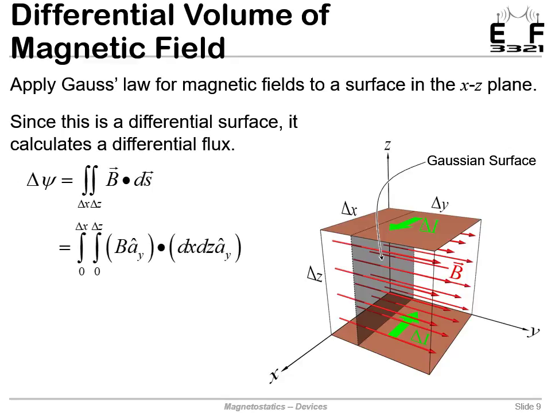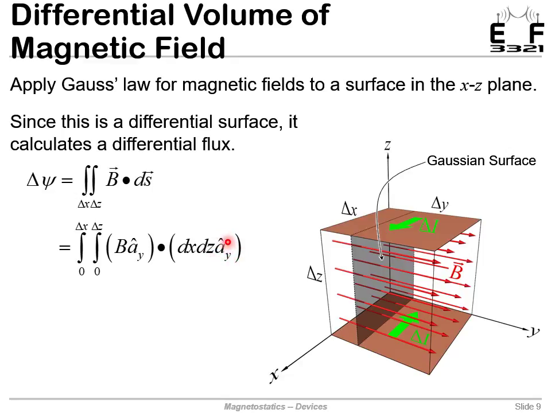Our B field is oriented in the y direction, so our expression is just B times unit vector a_y. Our differential vector surface element is in the xz plane, so we have dx dz, and the direction of that vector surface is in the y direction.